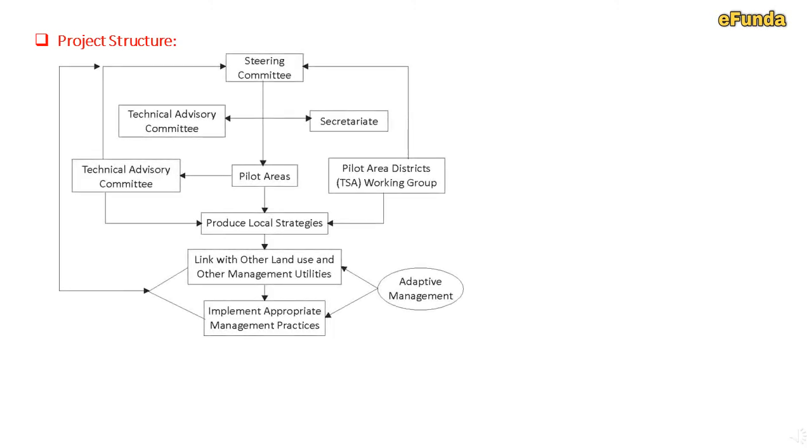For better understanding of a project structure, one can refer to the flowchart below where various types of committees are involved while executing any project. It includes the steering committee, technical advisory committee, and the adaptive management team involvement. This is how the project structure should be defined, and accordingly it has to be managed.